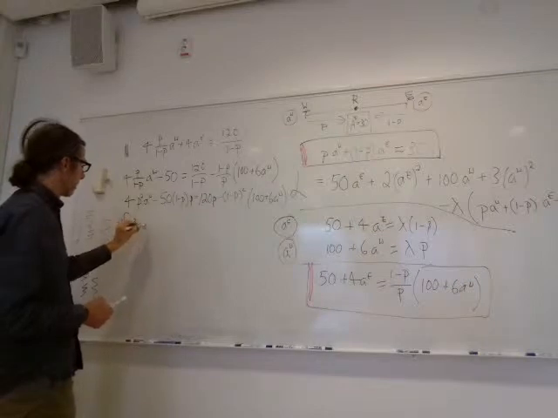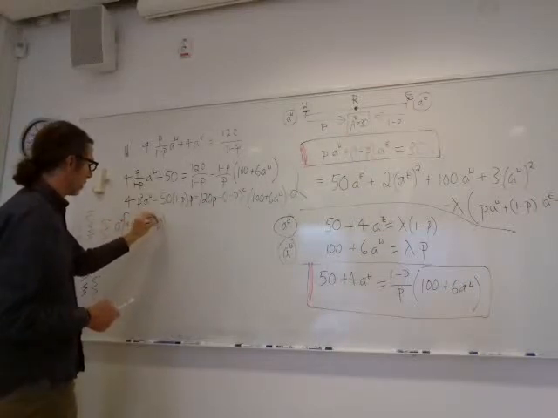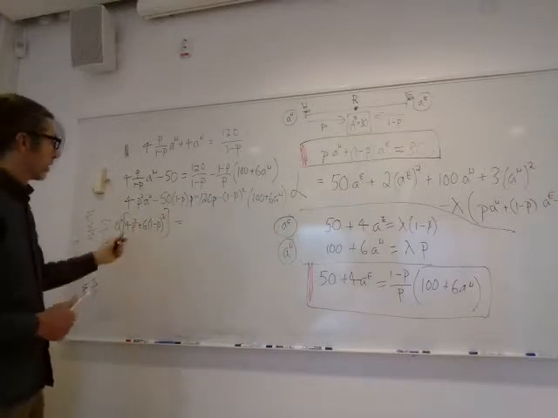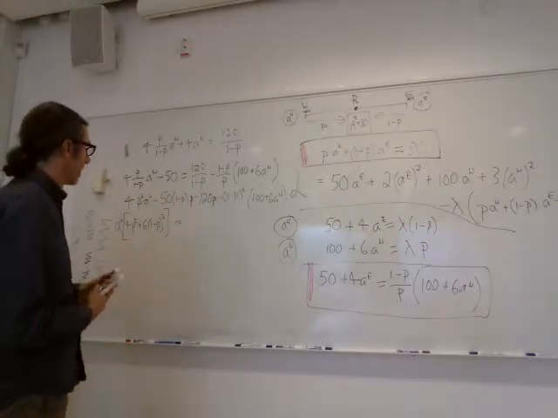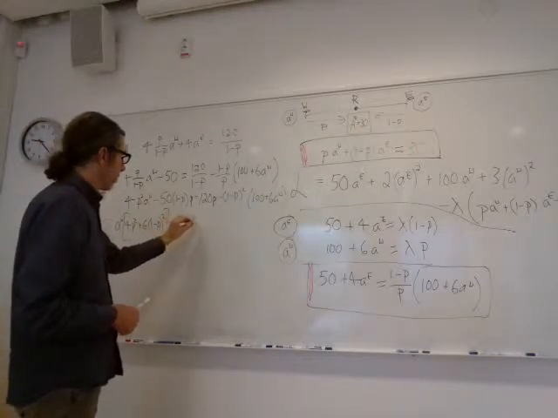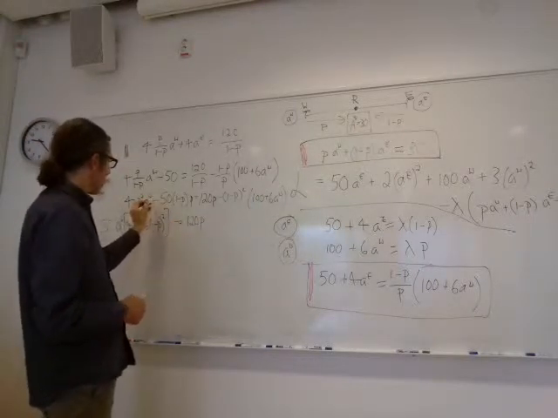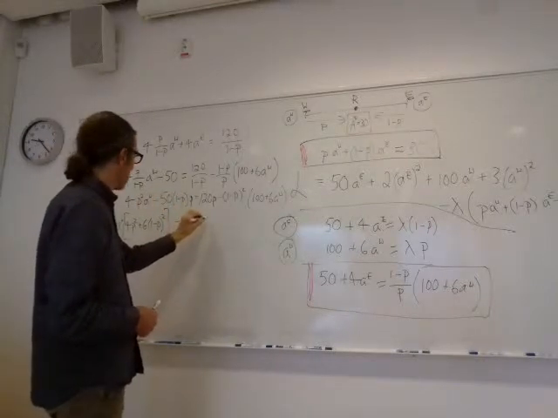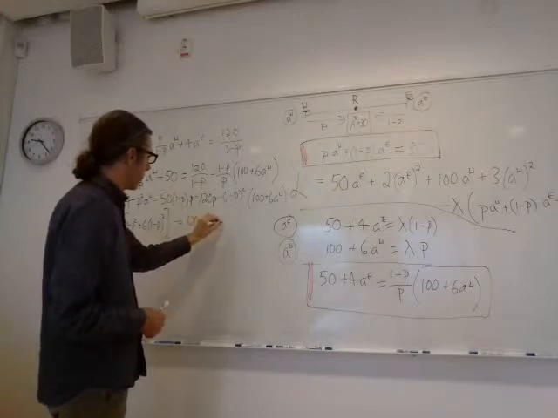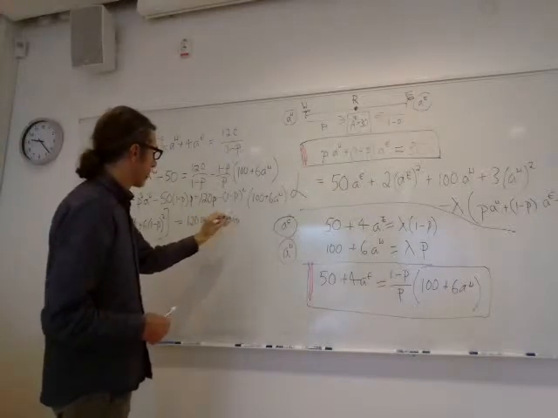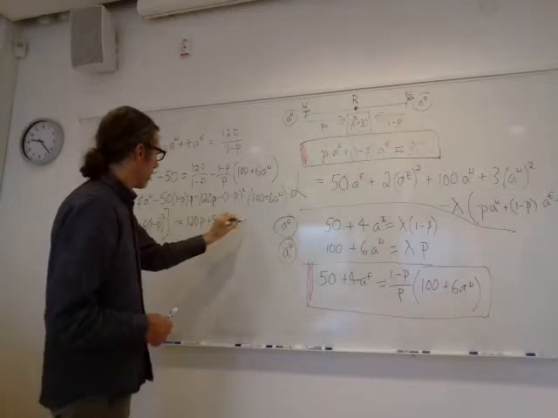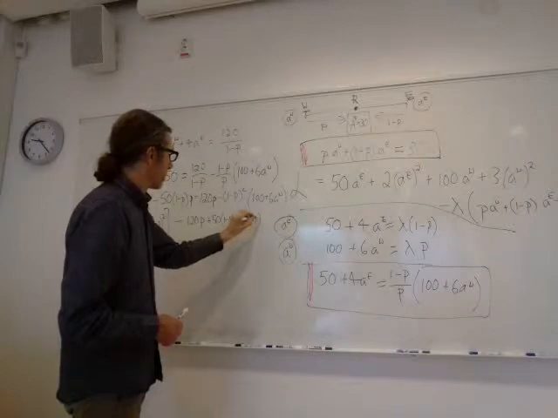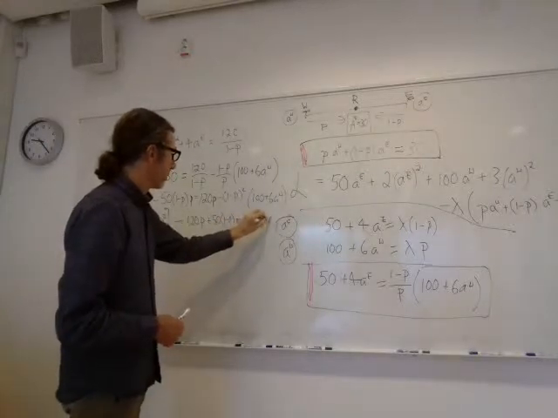So that's plus 6 times 1 minus P all squared, is equal to, collecting terms that aren't in AW, 120P, and then plus 50 times 1 minus P times P, minus 1 minus P squared times 100.